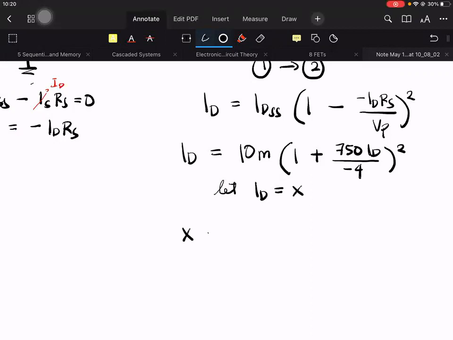So this becomes X is equal to 10 milli, or 0.01, times (1 minus 750 divided by 4), since VP is negative 4. 750 divided by 4 is 187.5.